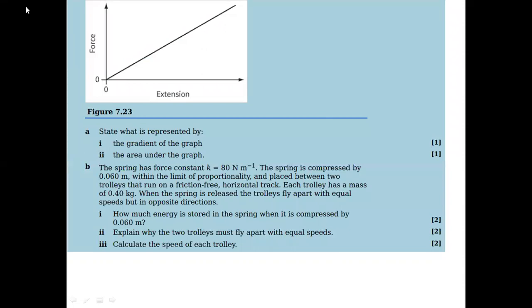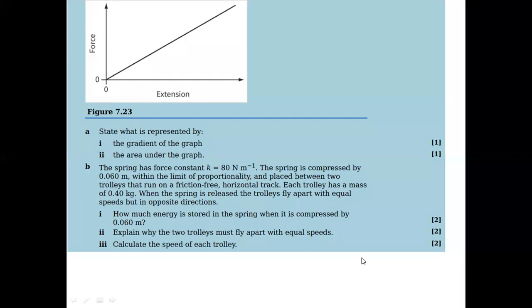Yeah, we have another question related to springs and Hooke's law. And what we are given again is a force extension graph, F-x graph. And question 8, state what is represented by the gradient of the graph. If you find the gradient of the graph, it's going to give us what?